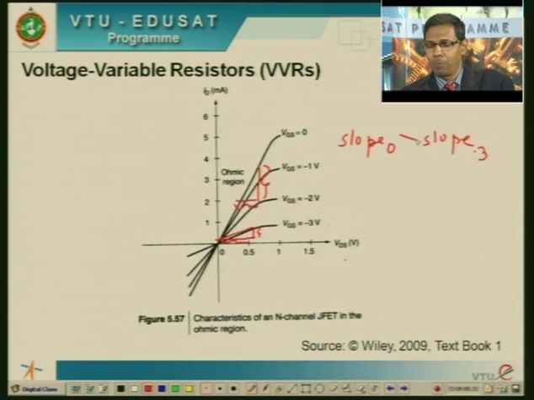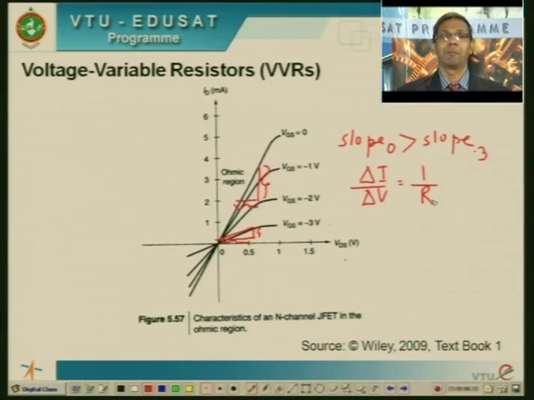So the slope for VGS equal to 0 is larger. Does that mean the resistance is larger at VGS equal to 0? No. Why? Because slope in this case is delta I upon delta V, which is essentially 1 upon R.